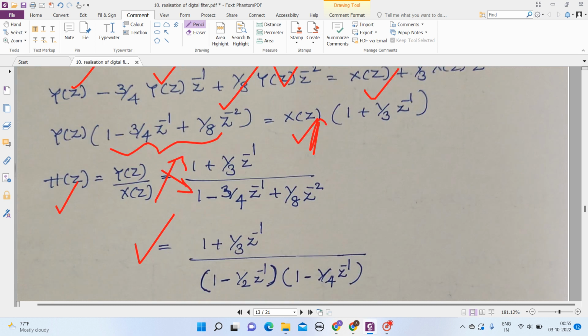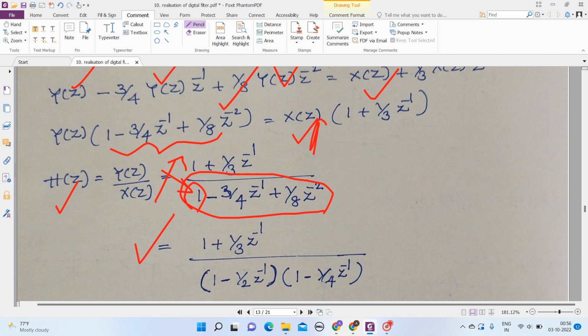Thereafter the important thing is you have to find the roots of this equation in your calculator. So you have to enter the a value as 1, b value as minus 3 by 4, c value as 1 by 8. I am just explaining overall, as you know very well how to do that.